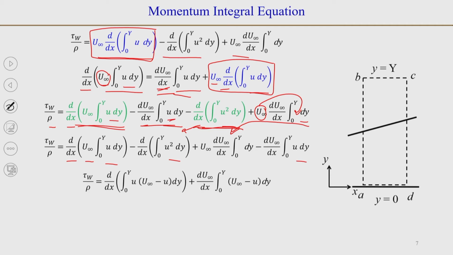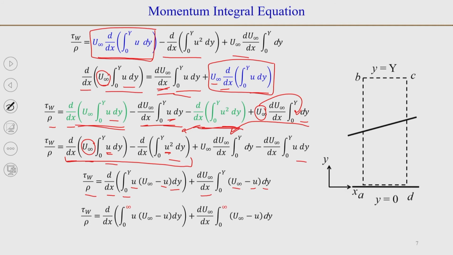So, when we combine the first two terms, it will become tau w by rho is equal to d by dx of integral 0 to y of u, because you have u squared here. One u can come outside the bracket, and within the bracket you will have u infinity minus u, into dy. And the other term will be du infinity by dx integral 0 to y of u infinity minus u dy.